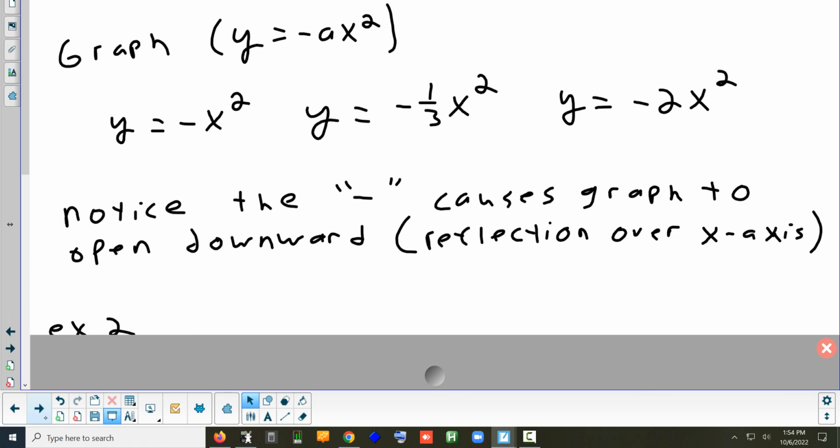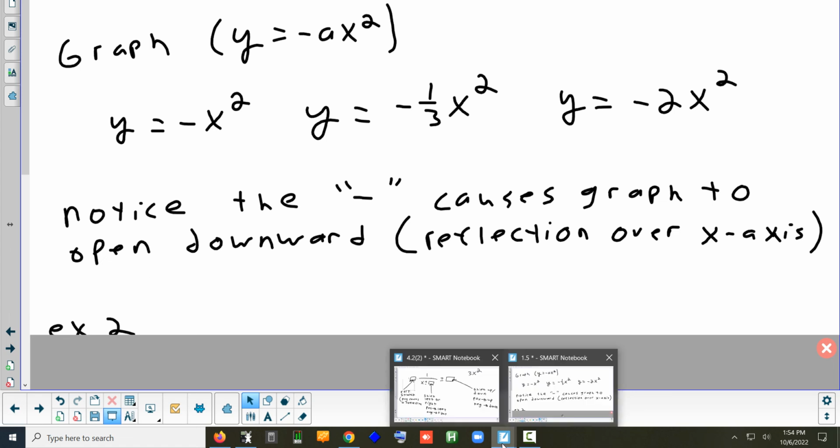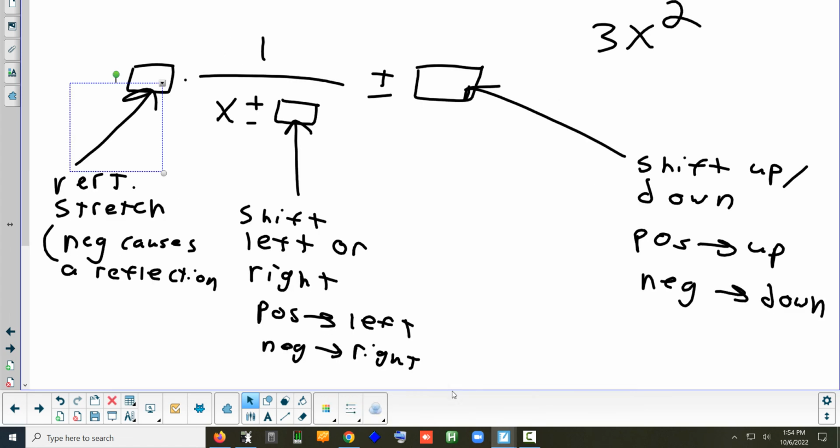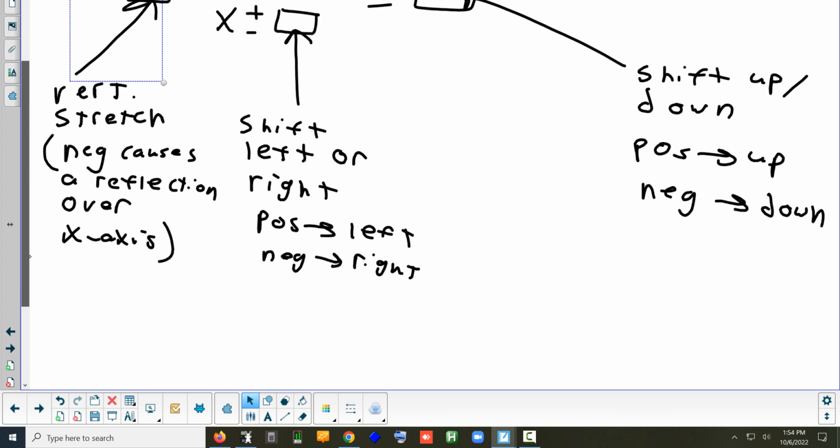Remember, when you put a negative in front, it causes the graph to reflect over the x-axis. So there's basically up to 4 things that you could see happen in a graph. You could shift it horizontally, you could shift it vertically, you could stretch it, and you could flip it. That's the 4 things we could see happen.